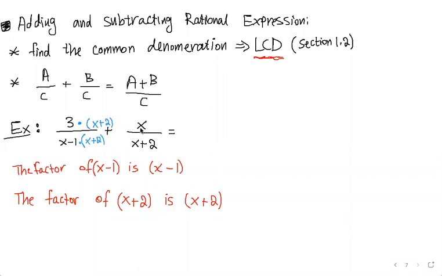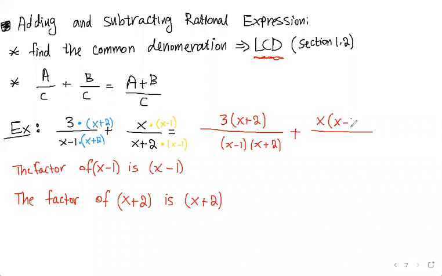This one, you multiply by x minus 1, the numerator and denominator. So the answer is 3 times x plus 2 over x minus 1 times x plus 2, plus x times x minus 1 over x plus 2 times x minus 1.